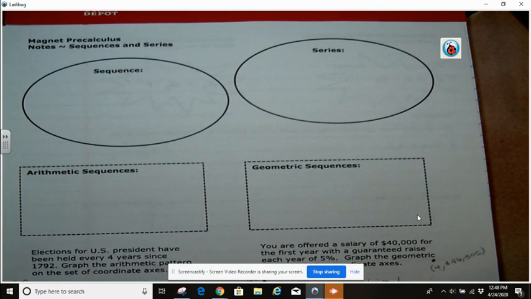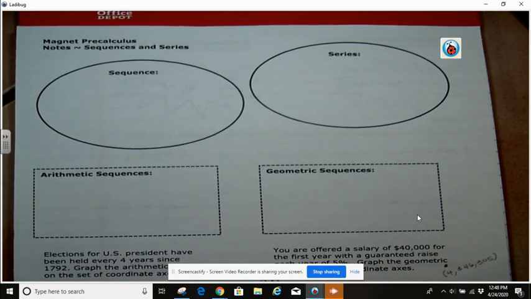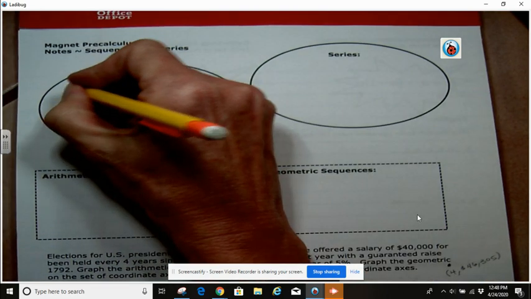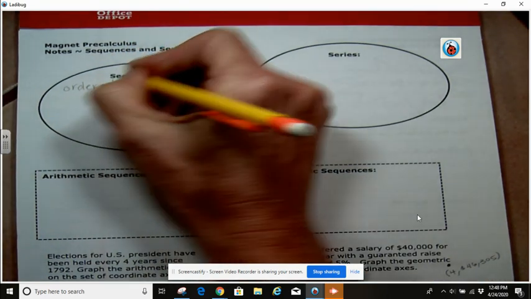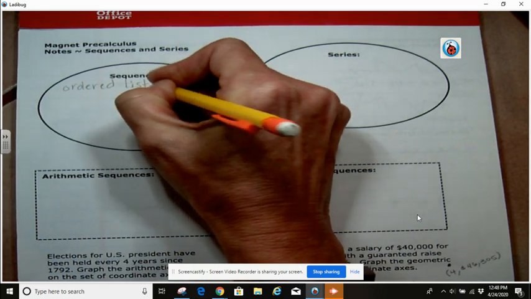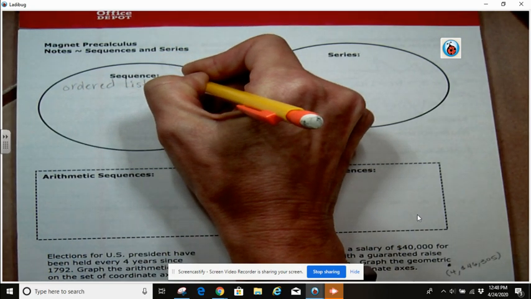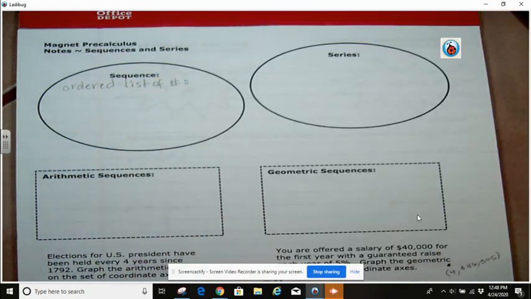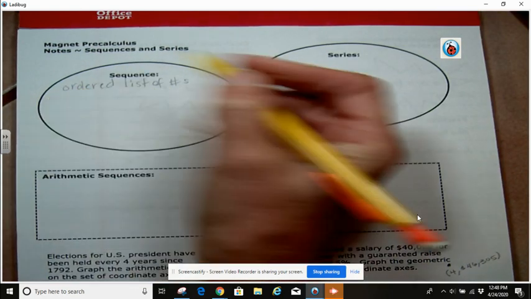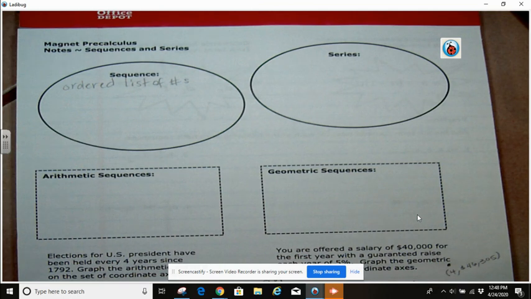So some review. A sequence is just any ordered list of numbers. So a sequence can be arithmetic or geometric, but an ordered list of numbers doesn't have to be an arithmetic sequence or a geometric sequence.